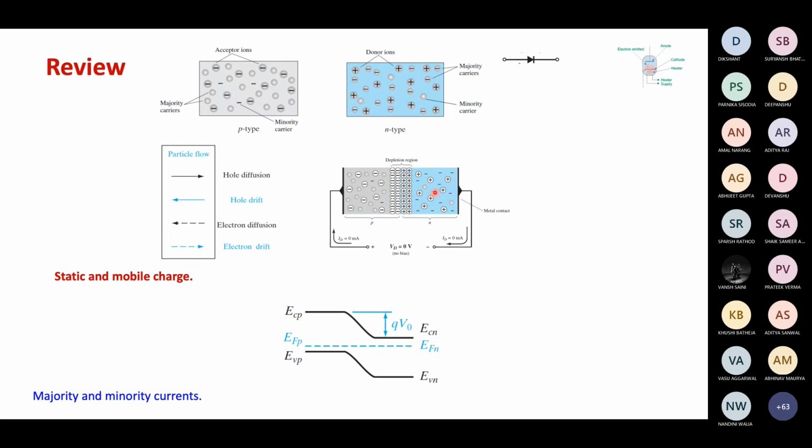If the majority carriers are more in a material, let's say in this n-type material the number of electrons is more, the number of holes will be less, minority carriers will be less, which is easily understandable from the band diagram. Because if we just look at the band diagram of the n-type material, then we can deduce that. All right, is this point clear or not?